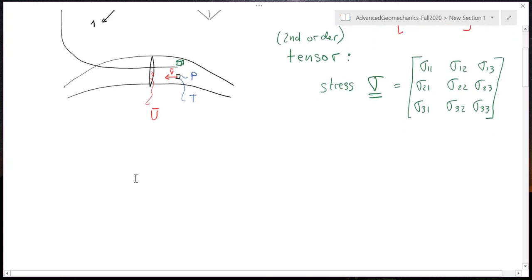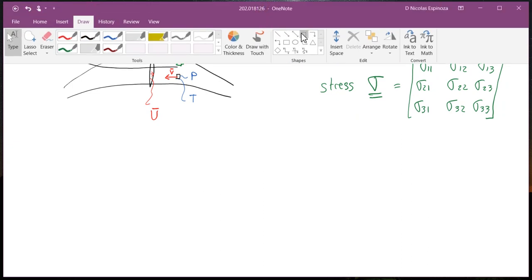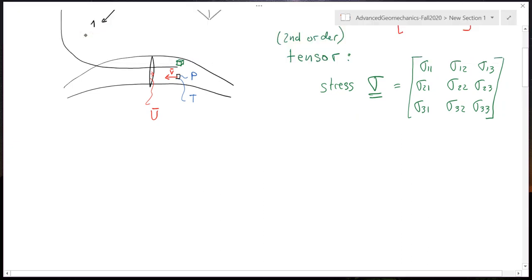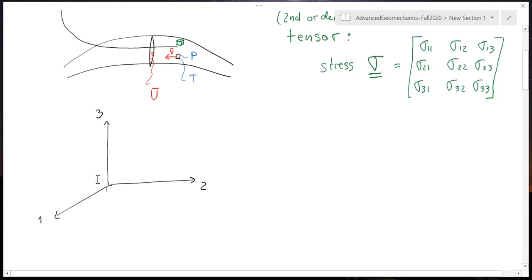For stress, it's a little bit more difficult, and so we're going to require another drawing over here. And we're going to use the coordinate system that we were using before with 1, 2, 3. These vectors 1, 2, 3 are called the components of the coordinate system. And here I'm going to draw the cube that we had there on the top.